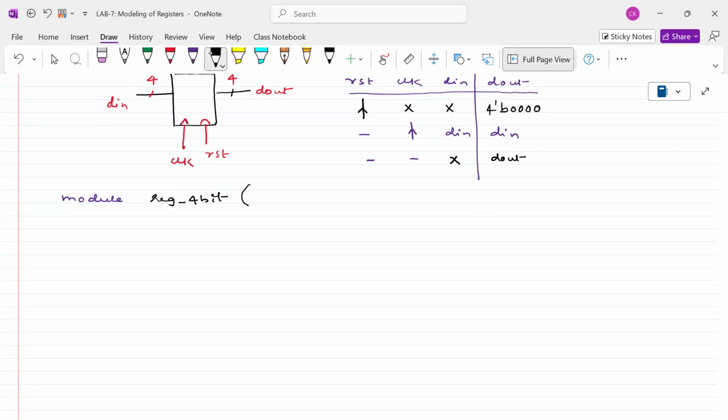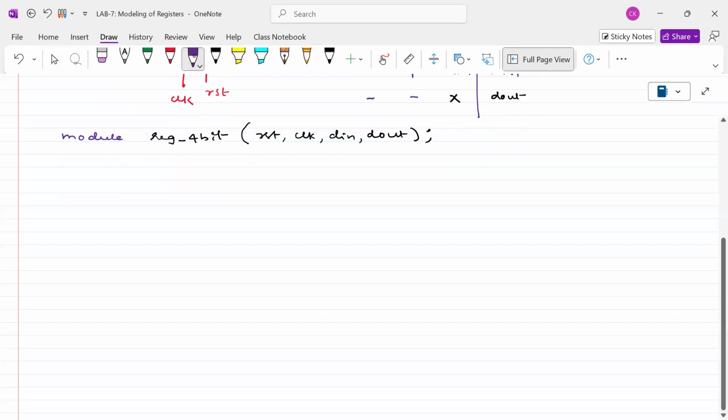Okay. What can we write? RST, clock, DIN, and DOut, right? What are the inputs here now? Inputs are reset, comma, clock, of 1 bit size.